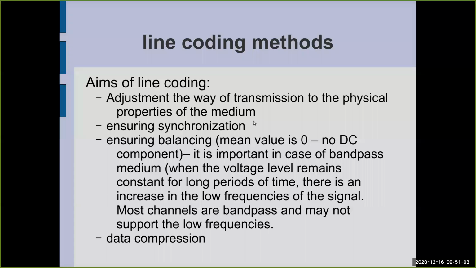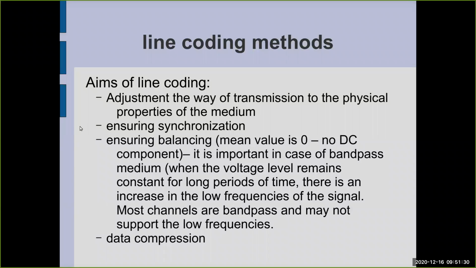So what are the aims of line coding? The first aim is to adjust the way of transmission to physical properties. For example, for optic fiber the line coding will be different than for metal wire, so it depends on the medium.